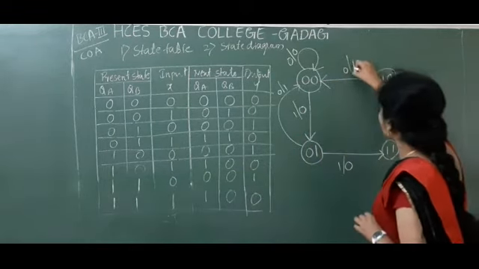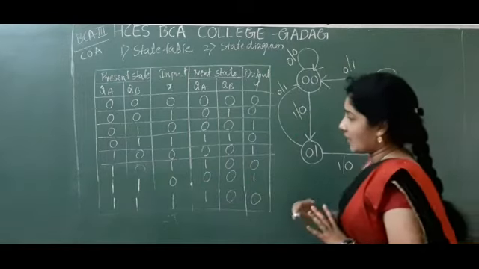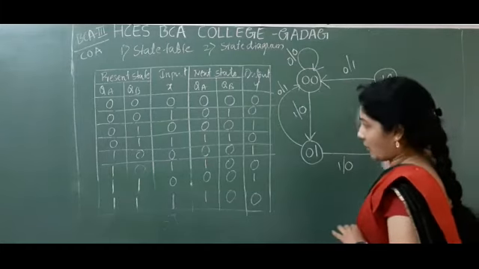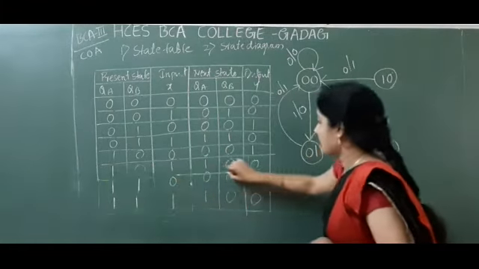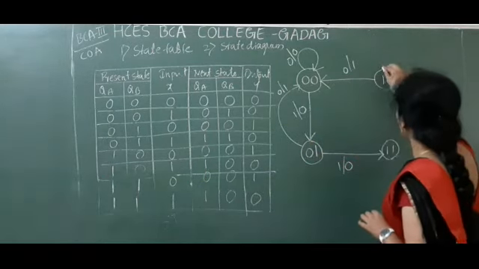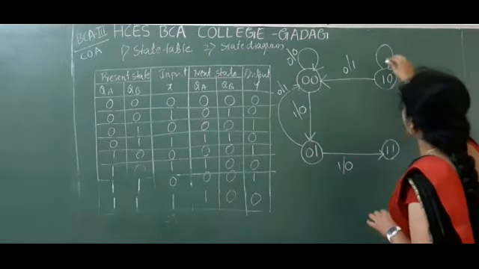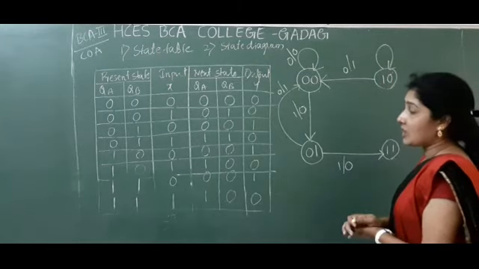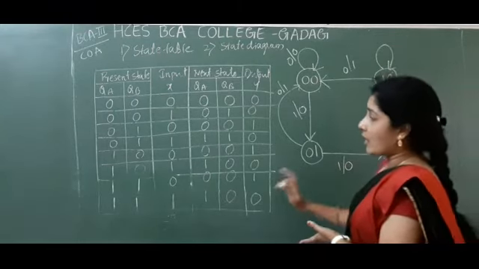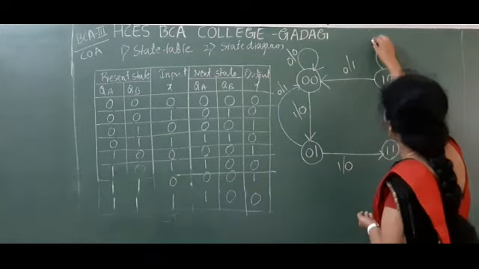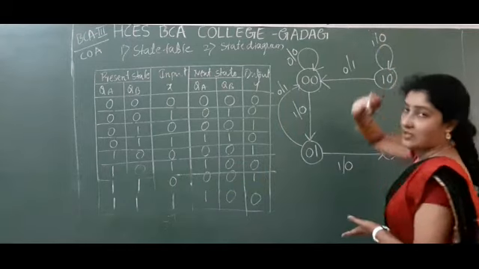Next, when the present state is 1 0, this one, the next state is 1 0, which means the state itself. So it comes here like this. When the present state is 1 0, the next state is also 1 0 itself, and the input is 1 and the output is 0.